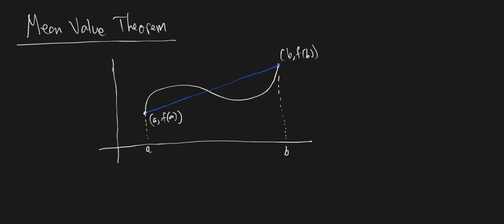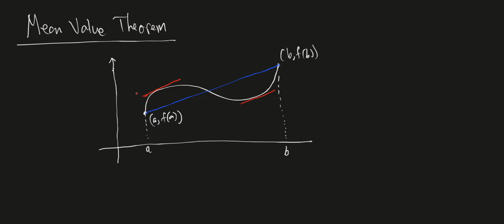Essentially, what the mean value theorem says is if you have a continuous function on a closed interval and the function is differentiable at every point inside the interval, then there has to be at least one point inside the interval where, if I were to draw the tangent line to this curve, it will be parallel to my blue line, my secant line. One point might be over here, and then maybe another point over there.